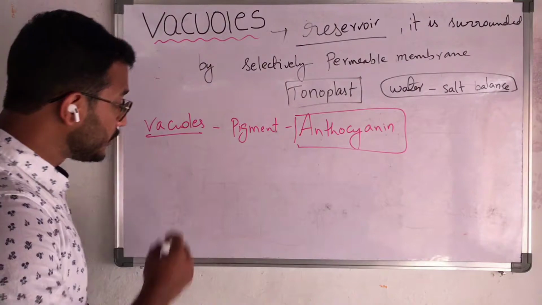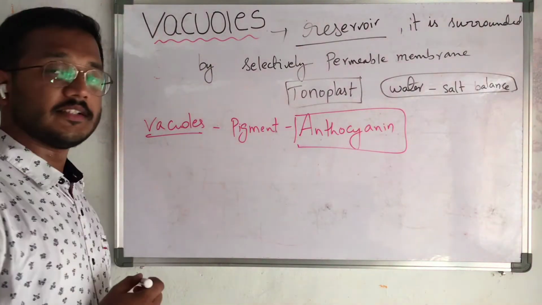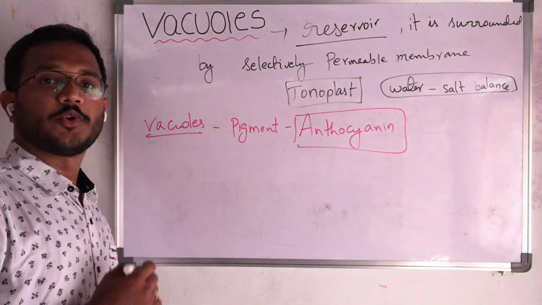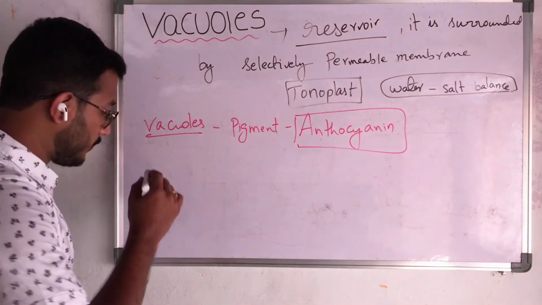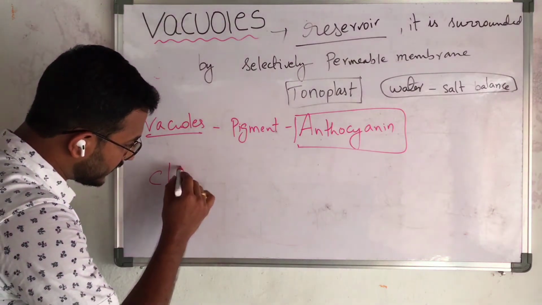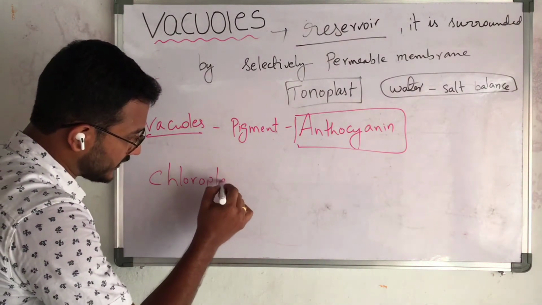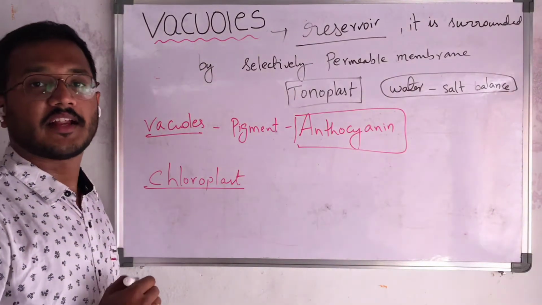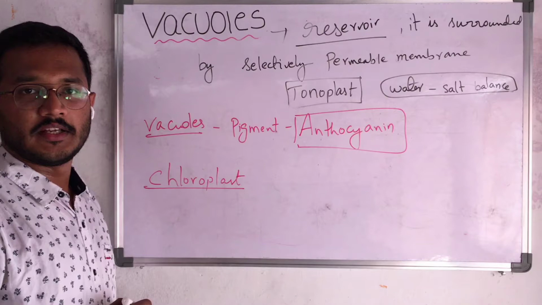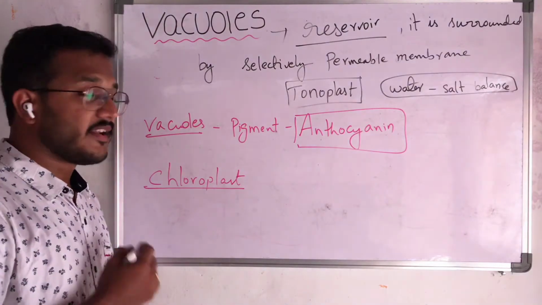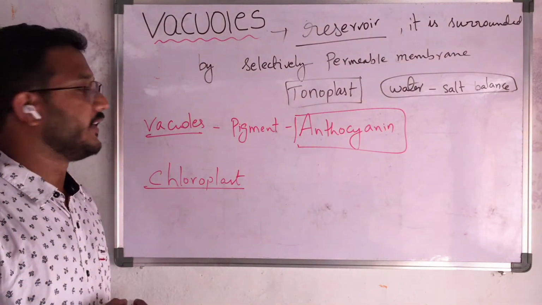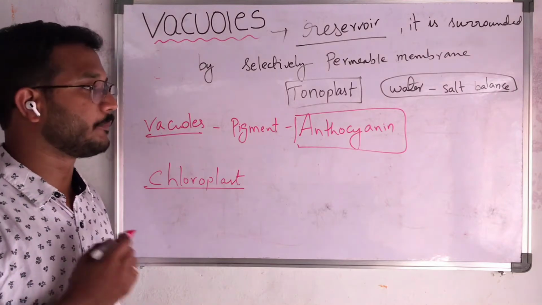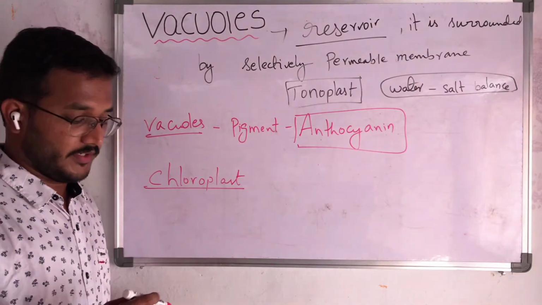Only two cell organelles in the total cell structure store pigments. The first most important cell organelle is the chloroplast. It has the pigment chlorophyll, which is helpful for photosynthesis. And the other cell organelle that has a pigment is the vacuole, and that pigment is anthocyanin.